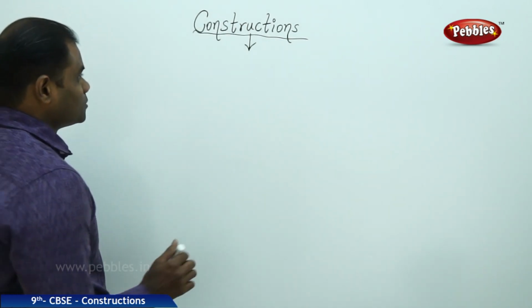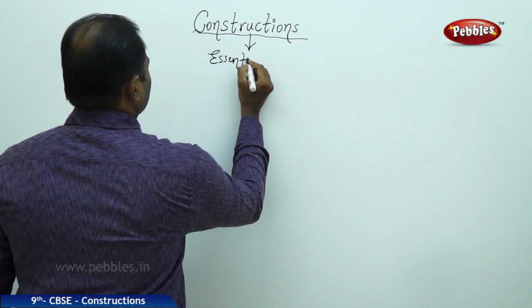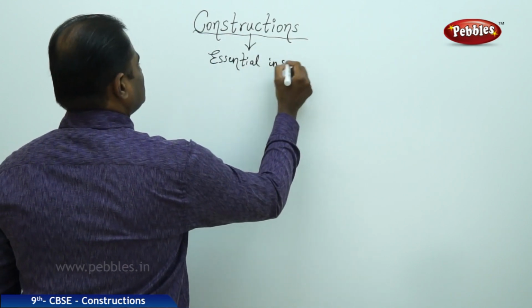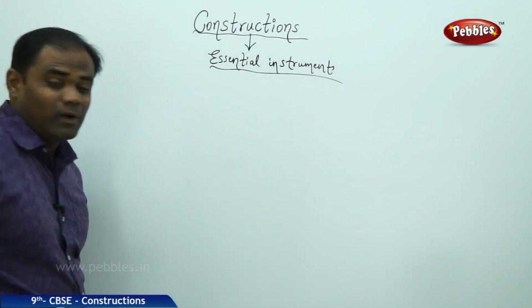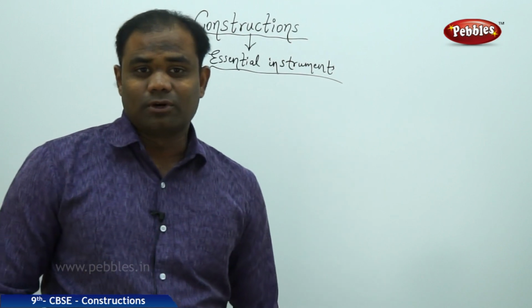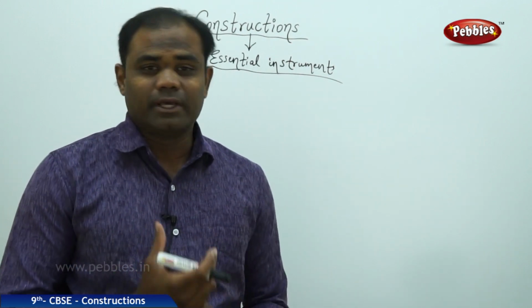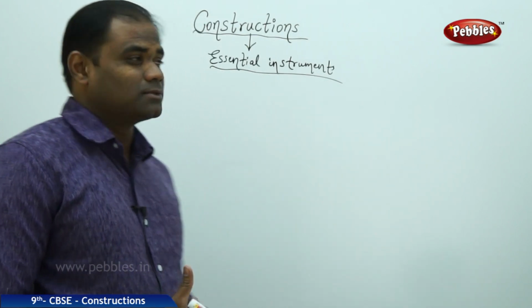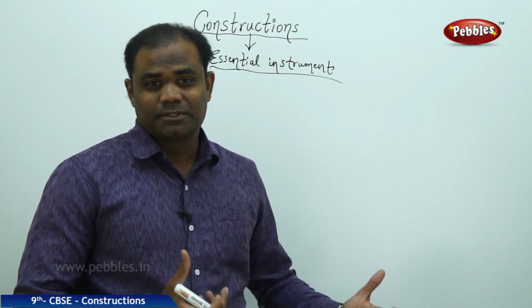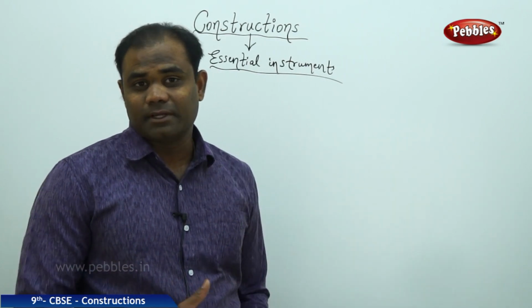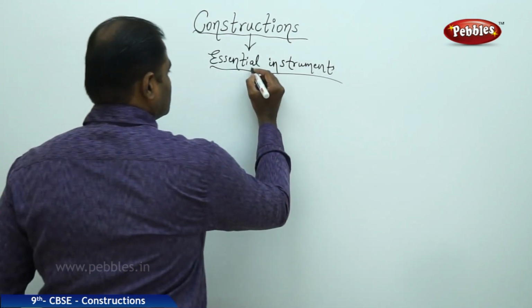It is very important to note that essential instruments play a vital role in constructions, because if you want something perfect, you need to use the right tools. So let's see what tools are used in order to make perfect constructions, just like the bridge in the previous example.